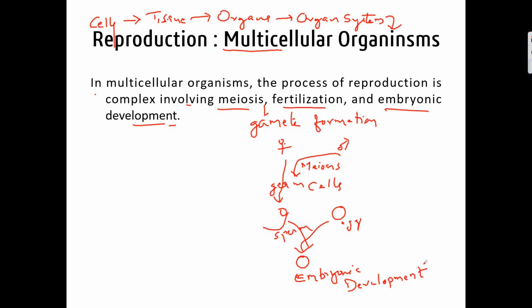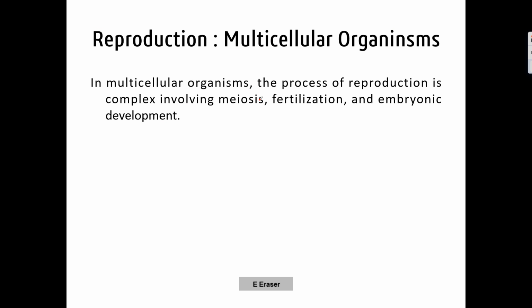Let us rewind once again. There is a male and a female. By the process of meiosis, males will produce sperms and females will produce eggs, and the gametes will be formed. The gametes will get fertilized.